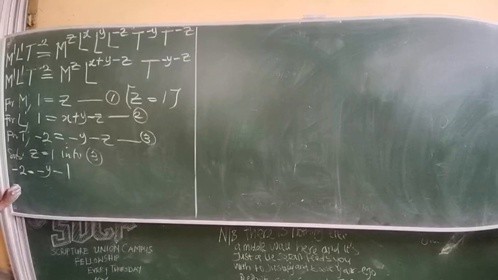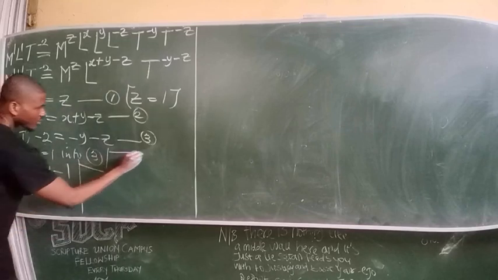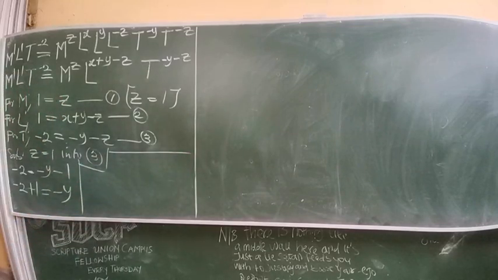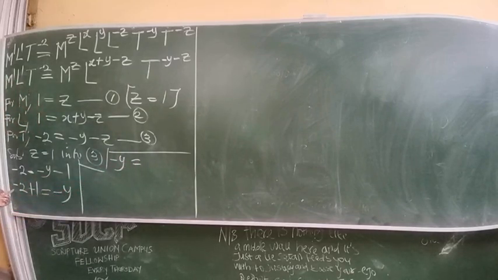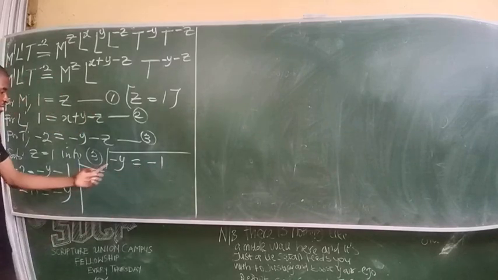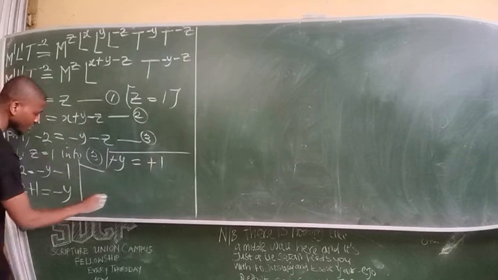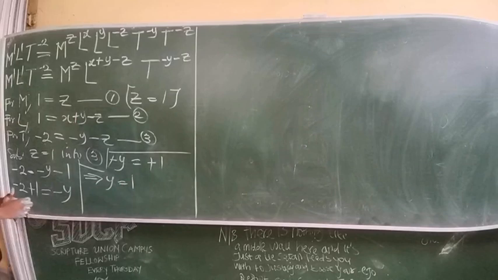So we have minus 2, and the negative sign becomes positive, so we have plus 1 is now equal to minus y. So from here, minus y is equal to minus 2 plus 1, which simply gives us minus 1. So the negative can cancel the negative, and this implies that y is equal to 1. So we've obtained the value for y is equal to 1.